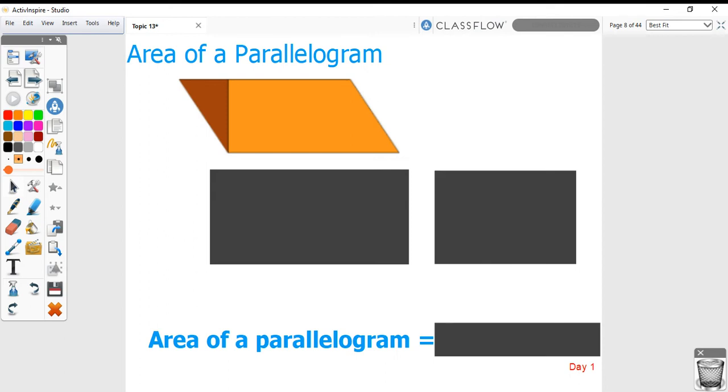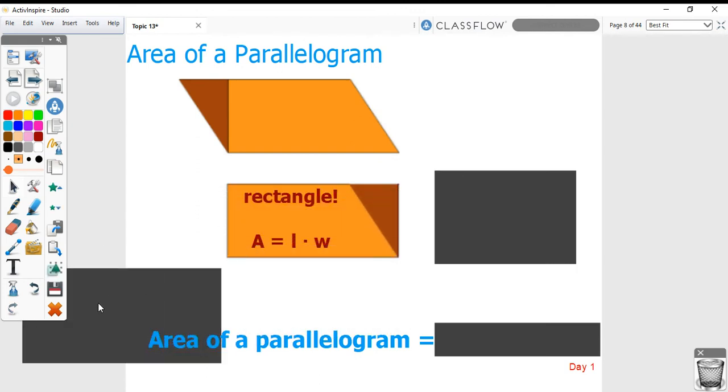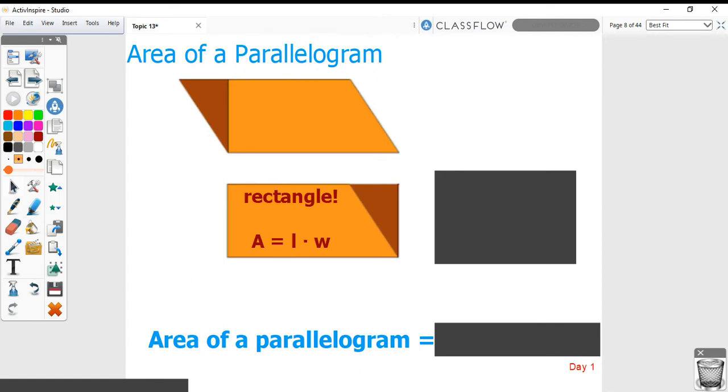When you cut off this triangular section on the end and move it over to the other side, all of a sudden you've got a rectangle. This rectangle has the same area as the parallelogram because it's made of the same pieces. And the area of this rectangle is the length times the width.